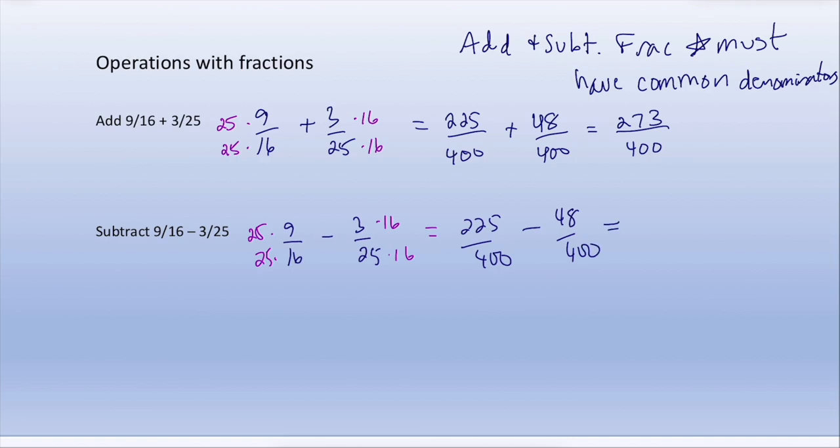This time we are subtracting the tops and you keep the bottom. So we already know that the bottom will be 400. The top is going to be 225 minus 48, or 177. 177 over 400 does not reduce down any. They have no common factors. If they did, you would want to reduce it down as much as possible.